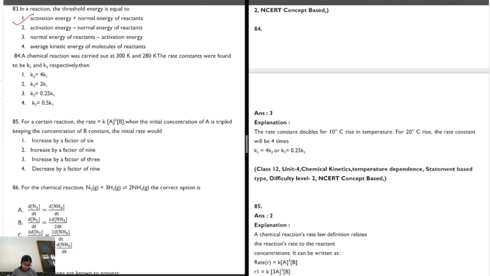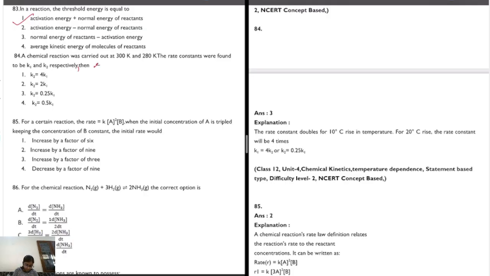See, after this, what they are asking is that we have to tell the nature of K1 and K2 at these two temperatures. Two temperatures are given to us, and K1 and K2 at these temperatures. Therefore, we have to find the relation between them.